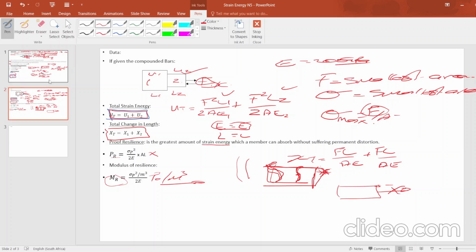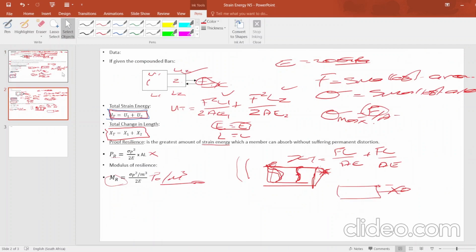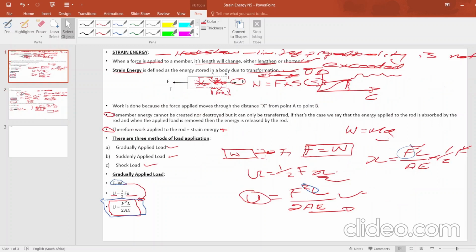Now, strain energy is not much of a problem. Hence, I only dealt with a few notes in giving you the picture of what's happening under the strain energy, that which we need to know. For instance, you need energy to pick up a box lying on the ground. But check this: when you pick up this box, we apply the suddenly applied load.